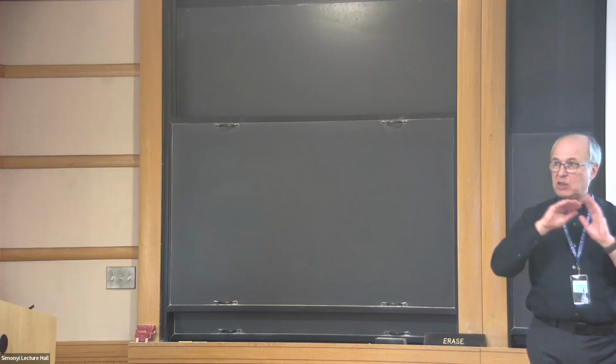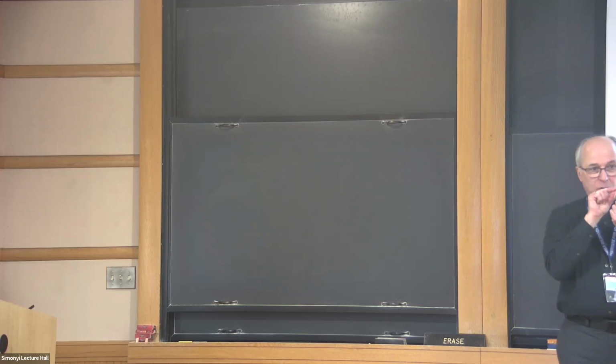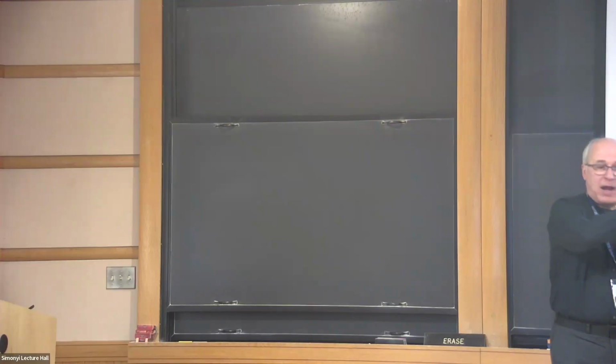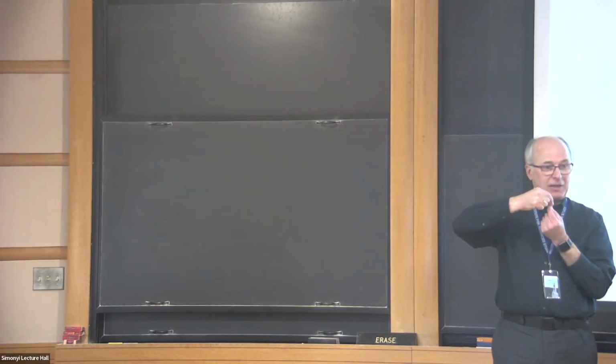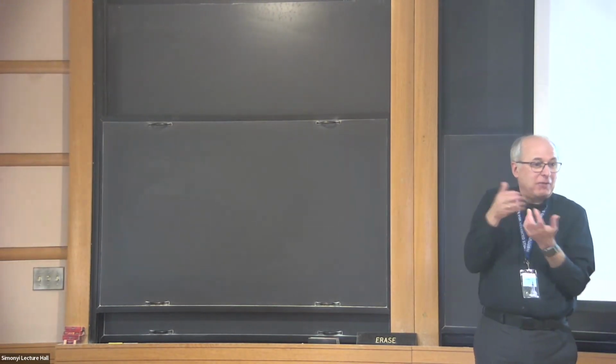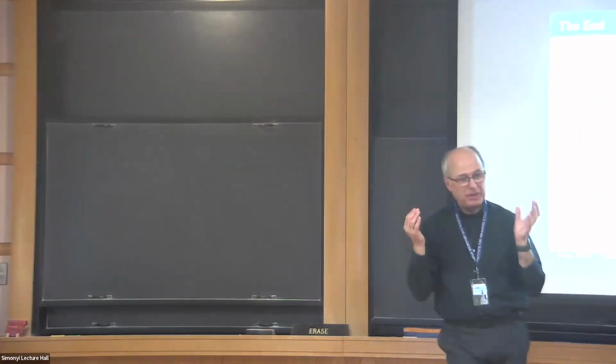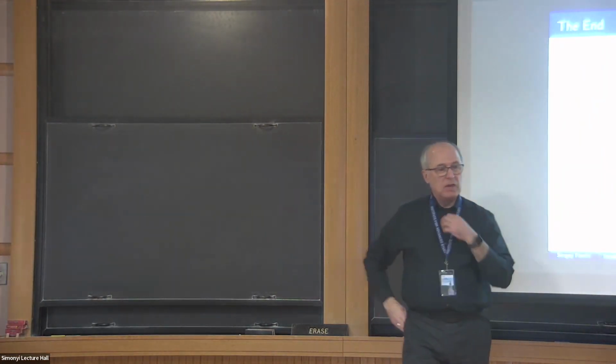Because if it's odd, then the color of a vertex will change, right? And as you go around, it can change its parity, right? So we want this to be a bipartite graph, okay?